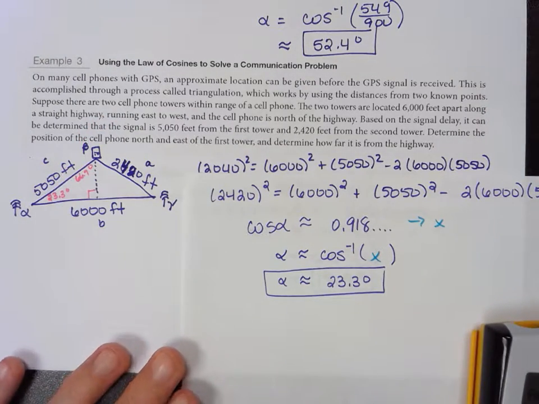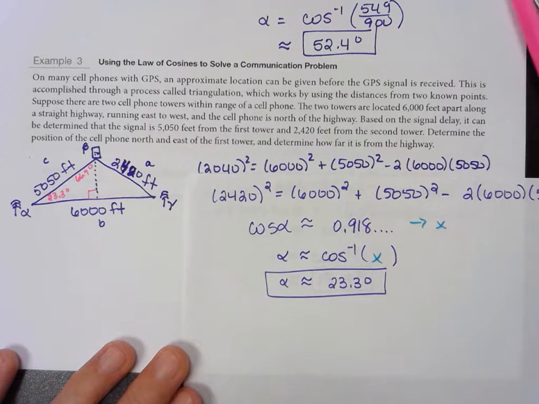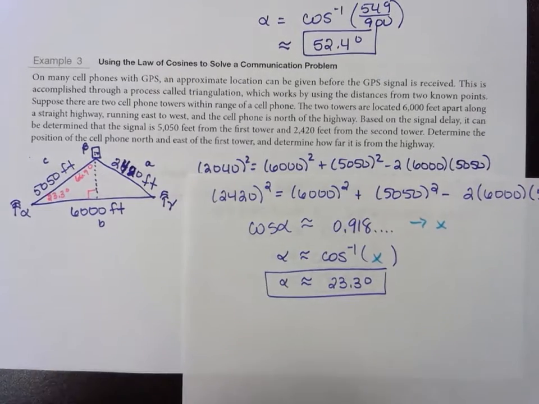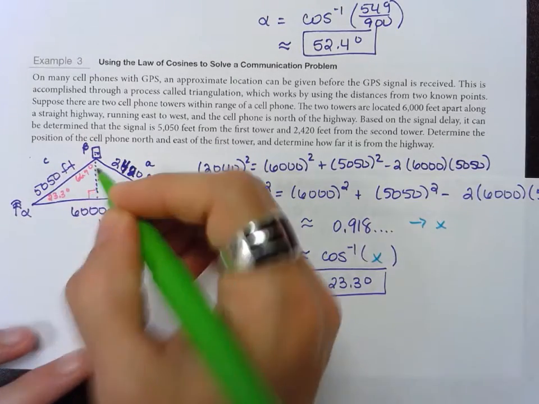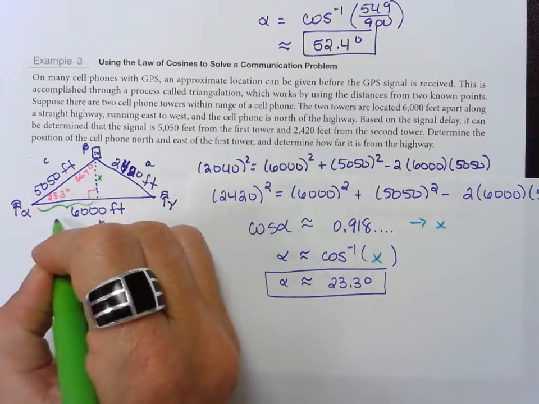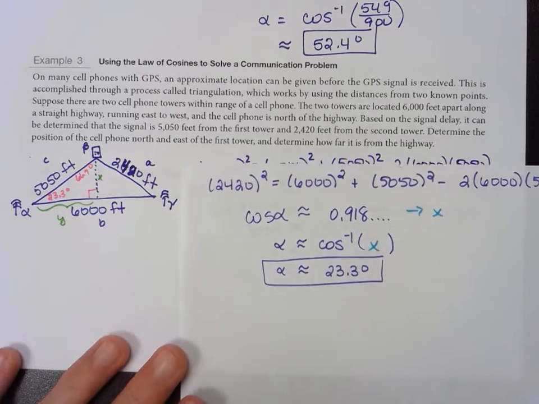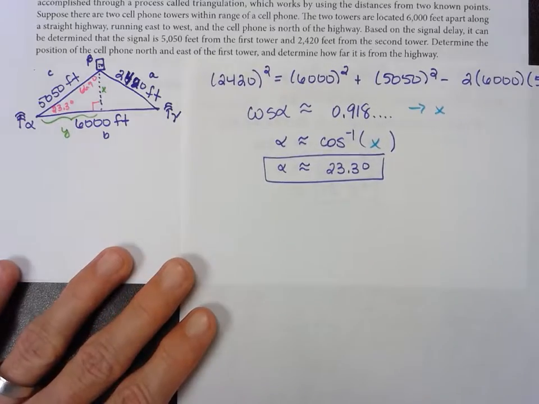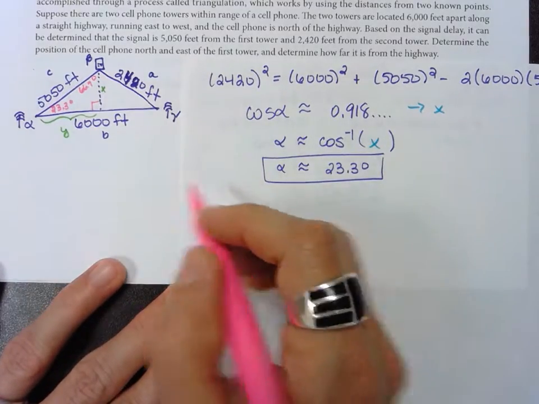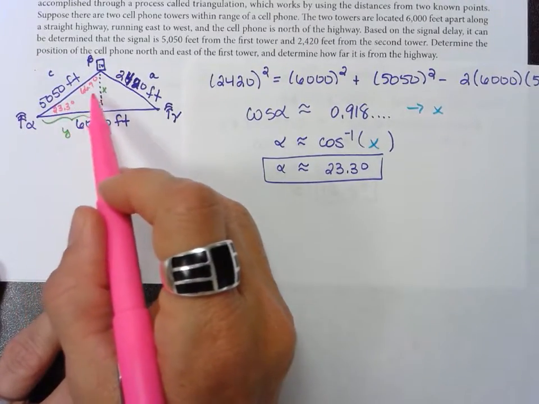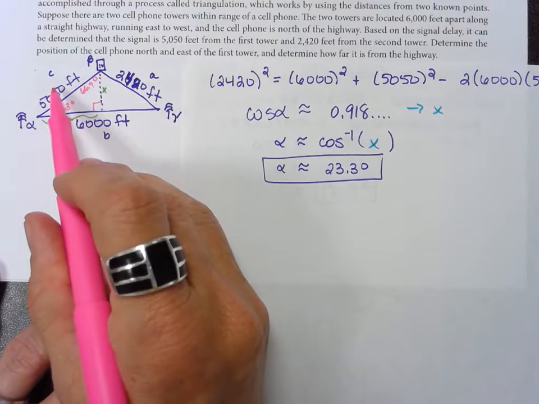Now what can I do with all of this? Let's call this side x, and this little piece right here, let's call this y. How does this help us at all? Well, we do have a right triangle, so we can use our trig identities. If we're looking at this angle, that's going to be opposite, and we know hypotenuse.